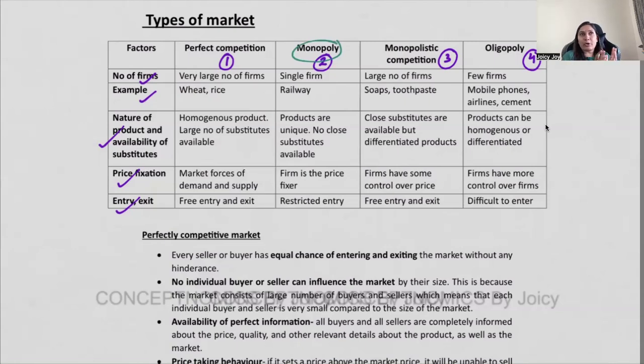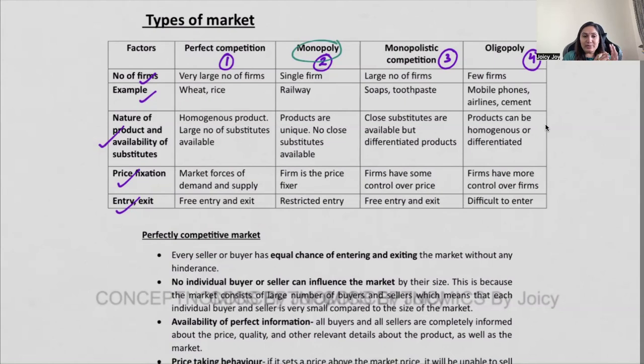Now, have you ever thought why the government, especially in a country like India, would not allow the private sector to become a monopoly in something? The reason is very simple, because if the monopoly is given to a private sector, then the private sector would exploit the consumers in the long run. That's the reason.